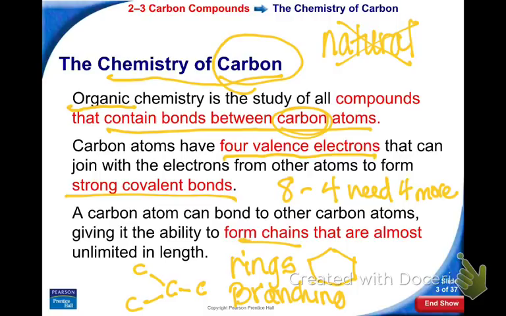So there is a huge number of different types of shapes and arrangements, because carbon has those 4 electrons. Remember, it wants to have 8 in its outermost shell. It has 4, needs 4 more, so it's going to make covalent bonds.